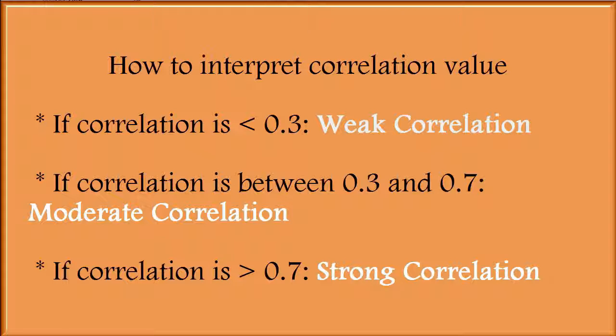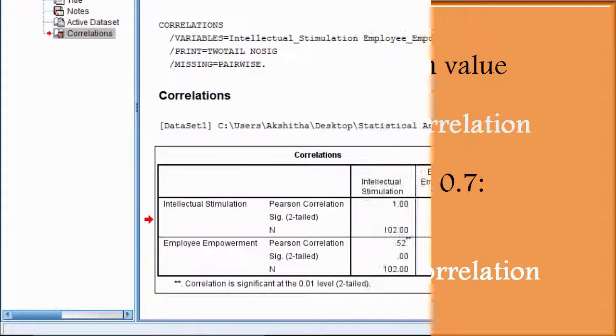The generally accepted convention is that a correlation less than 0.3 is considered weak, a correlation between 0.3 and 0.7 is considered moderate, and any value above 0.7 is considered strong. Consider these for both positive and negative correlations.